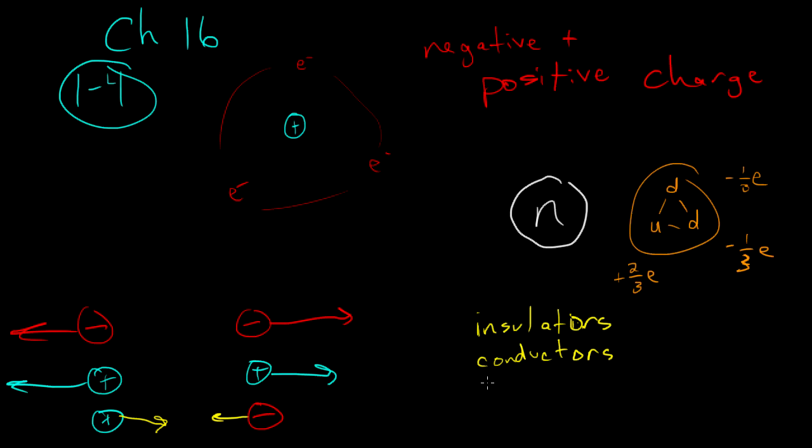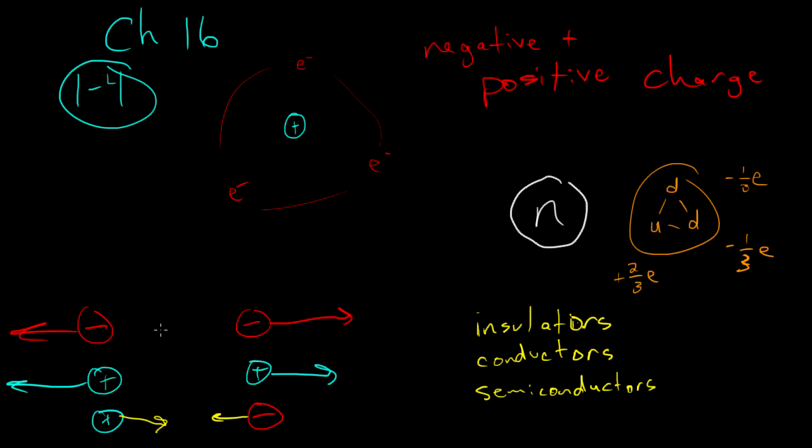The last group of materials we'll talk about are semiconductors, and these are at the heart of a lot of the technological advances that have come in the last 100 years. Semiconductors are awesome because you can control exactly how many of the charges you want to be free to move around, and you can do just beautiful things with them. Alright, that is sections 1 through 4.